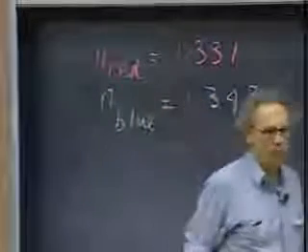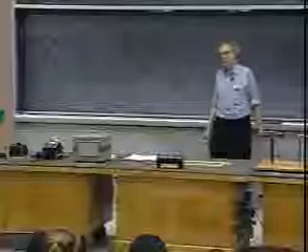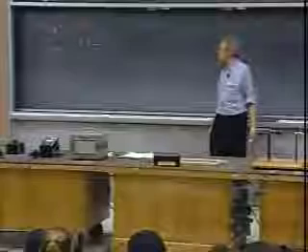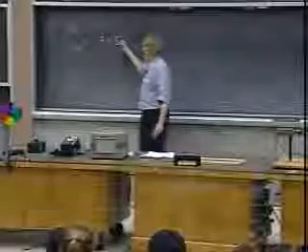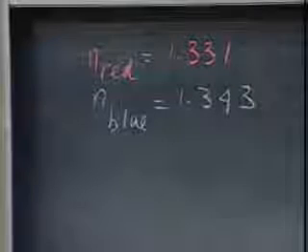We're going to use these numbers shortly to get a deeper understanding of the formation of rainbows. That's behind this, of course. And so you notice that the blue light is 1% slower in water than the red light.